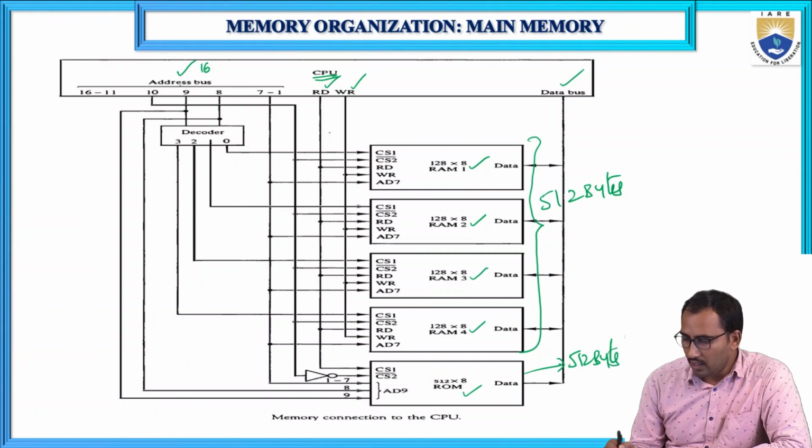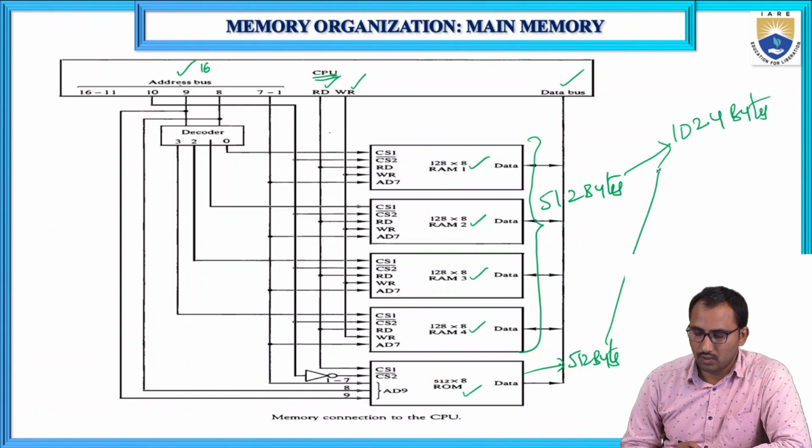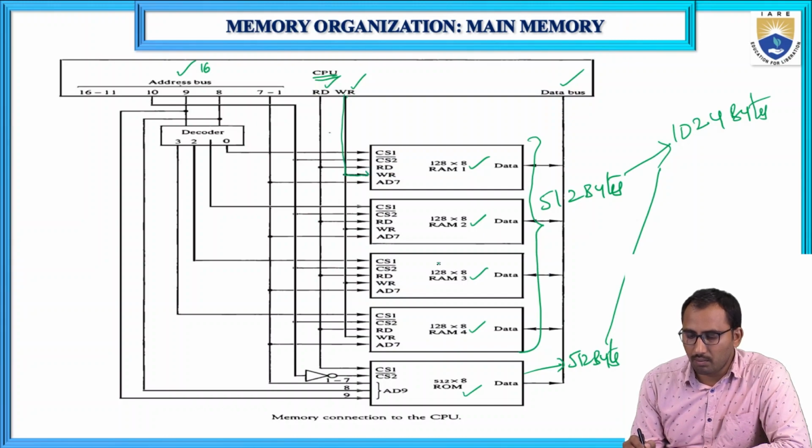So in total we can have 1024 bytes by combining this one and this one. See here, the write bar signal is connected to the write bar signal of all the RAM chips.